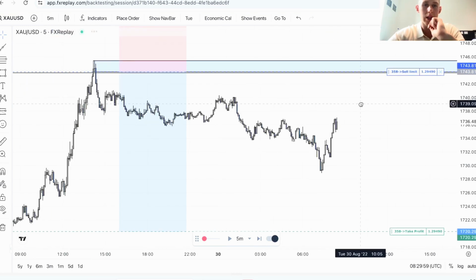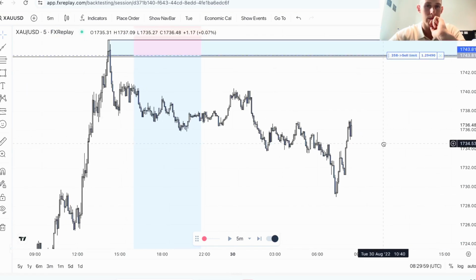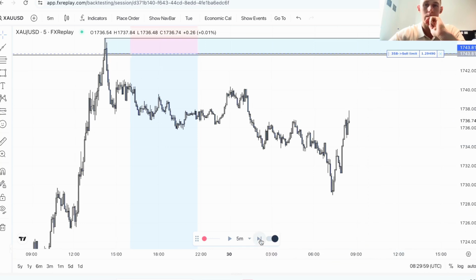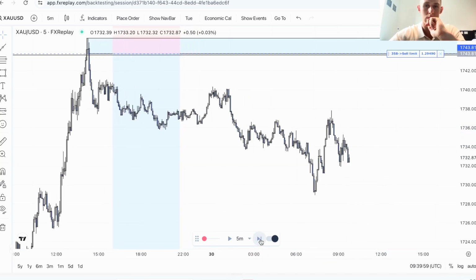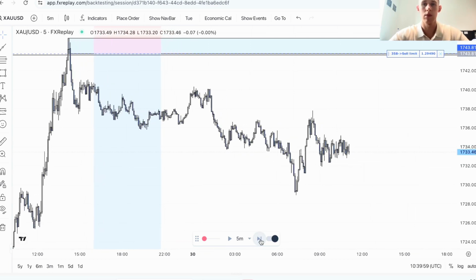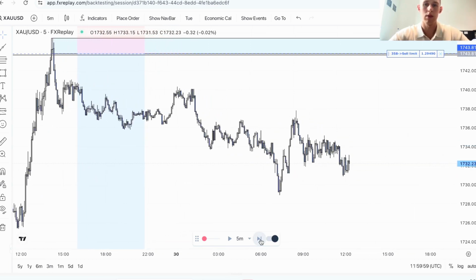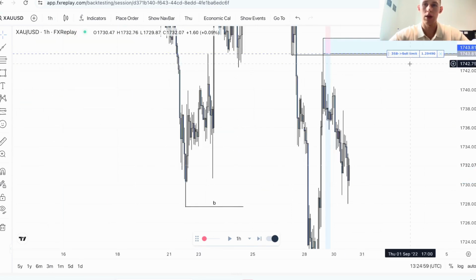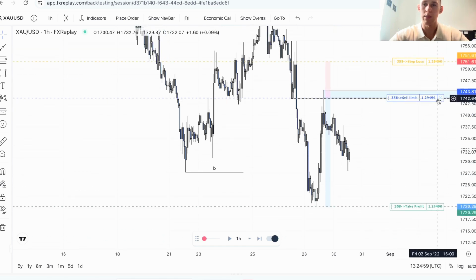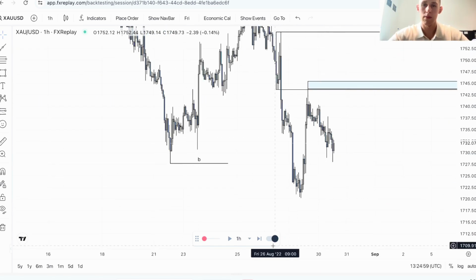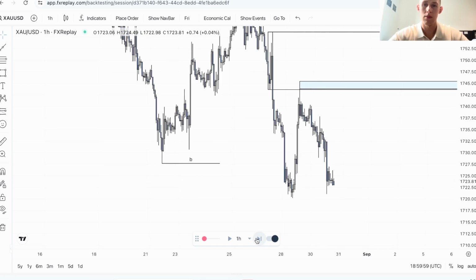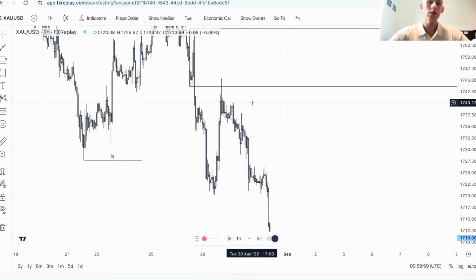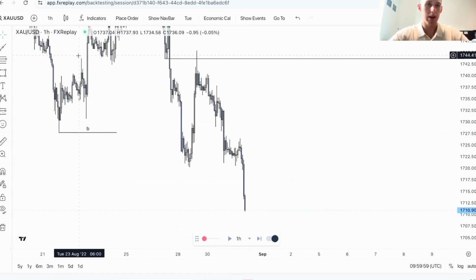So yeah, it doesn't look like it's going to tag in at the moment. So I'm going to delete this limit. Yeah, so good analysis, but no entry really.